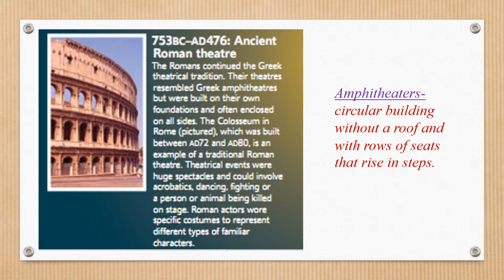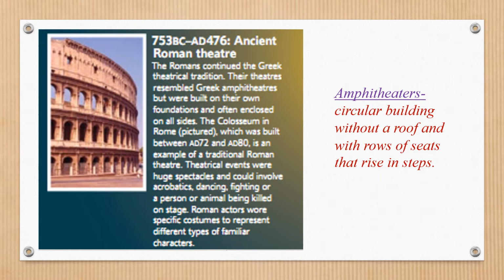Now there were the ancient Roman theaters, also called the Colosseum, where theatrical events were performed with huge spectacles, with a large audience, and with dancing, fighting, or a person or an animal being killed on the stage.